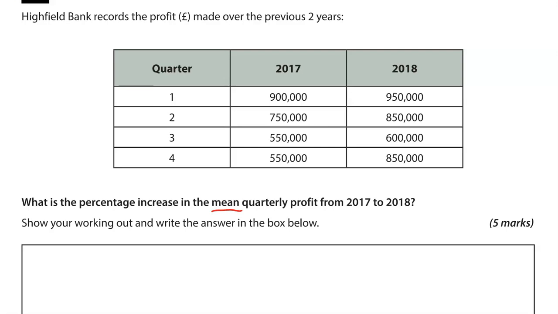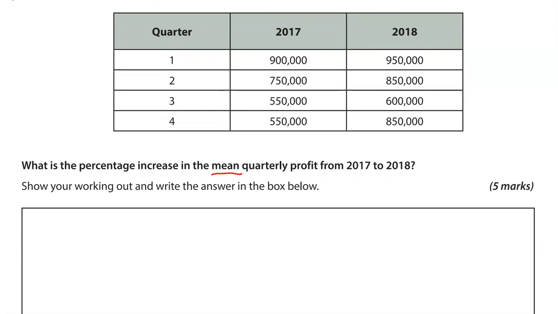So we're going to work out the mean for 2017 and the mean for 2018 and work out the percentage increase. So adding all of these numbers for 2017 gives us 2,750,000.